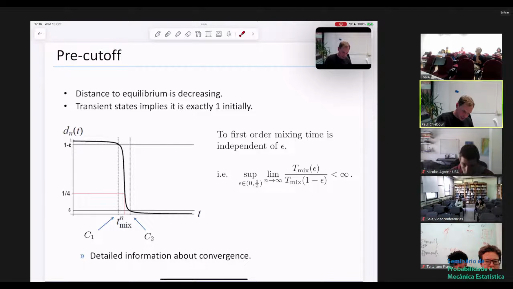That is, there exist constants independent of epsilon such that we can bound the leading order of the mixing time above and below by these constants. That was our whirlwind tour of cutoff and pre-cutoff.